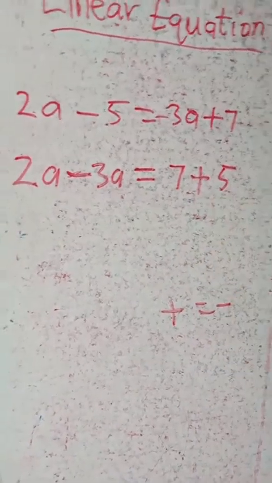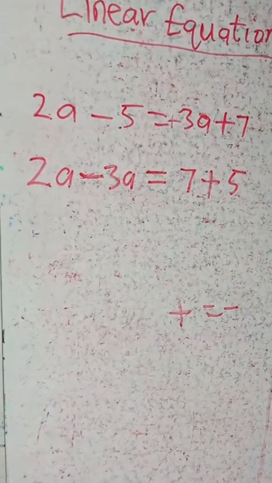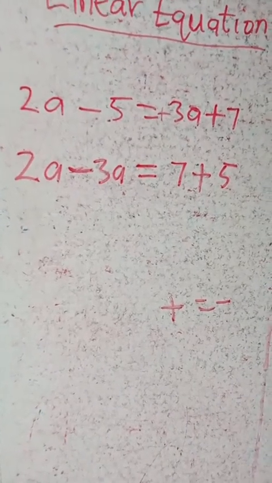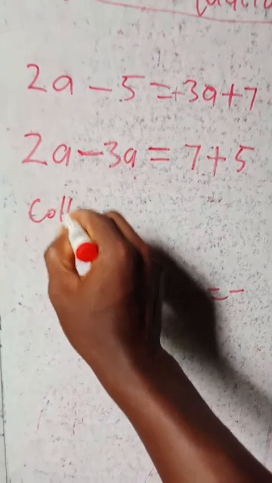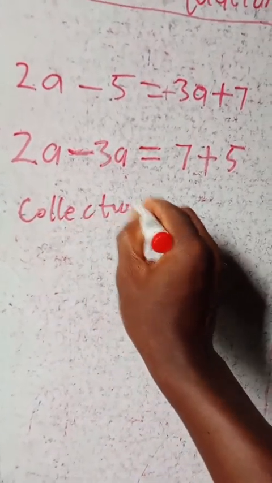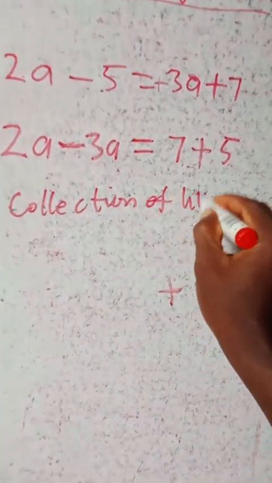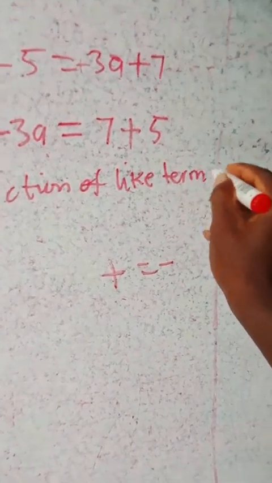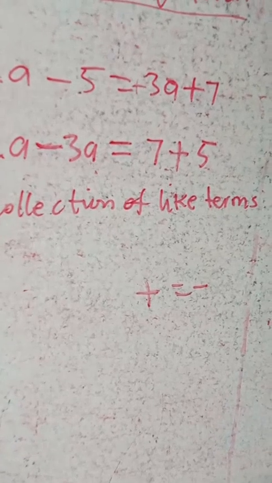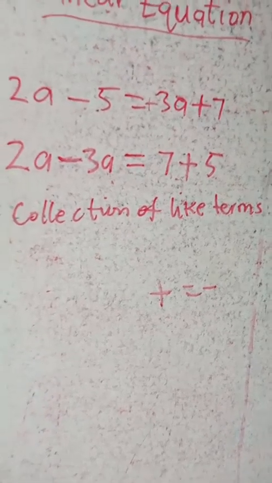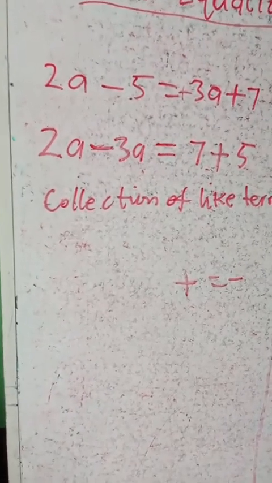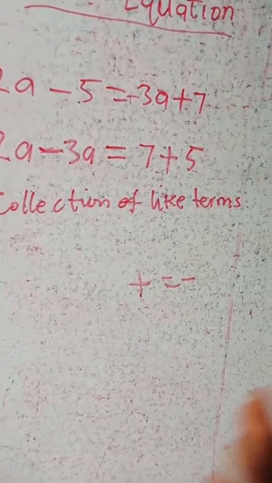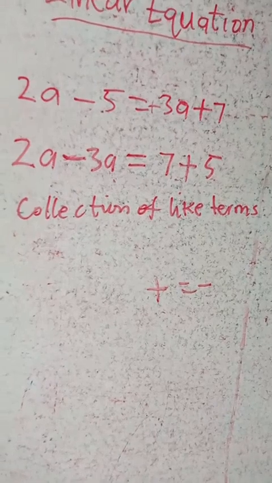What we just did is what we call collection of like terms. Collection of like terms means take all the alphabets to one side and take all the other numbers to the other side of the equation.